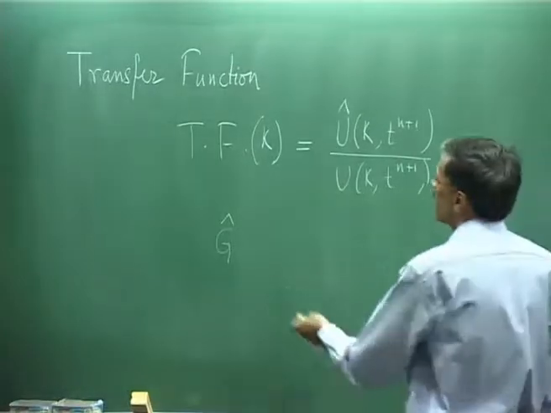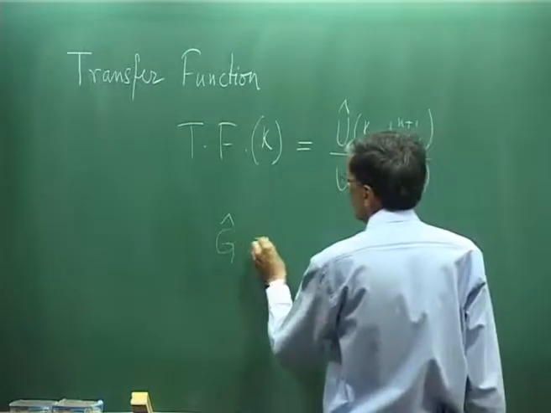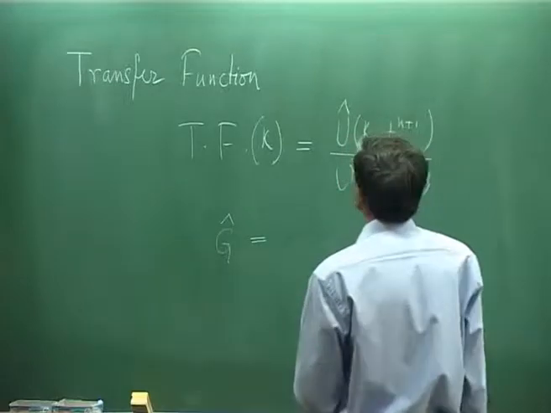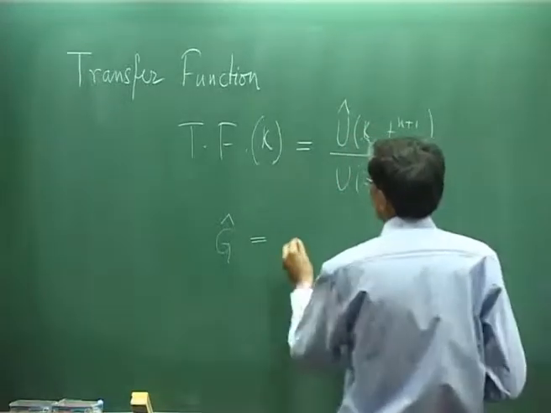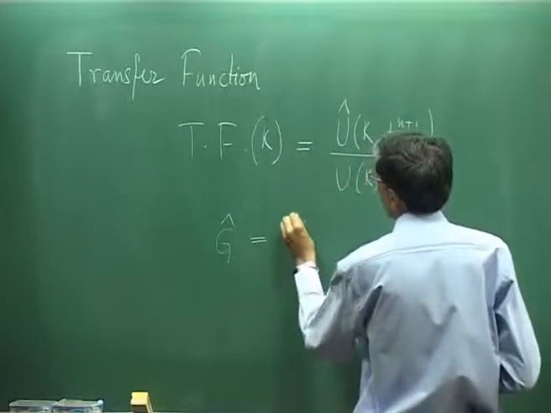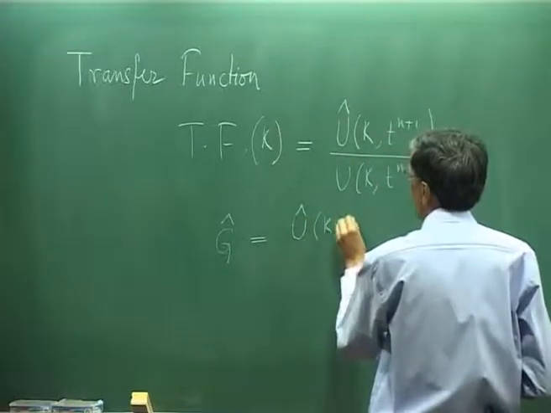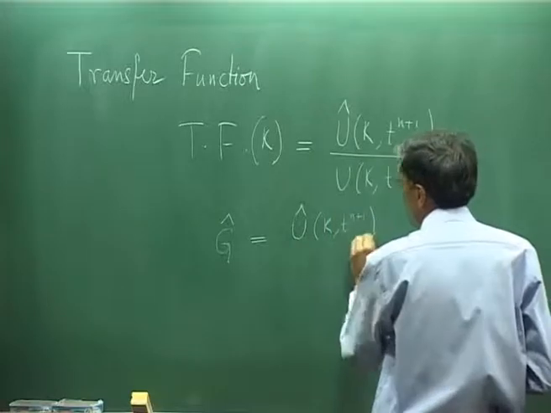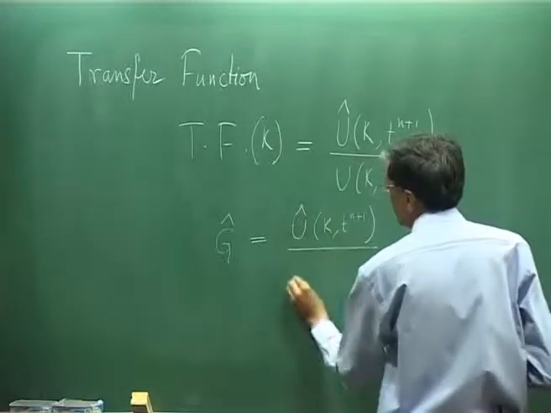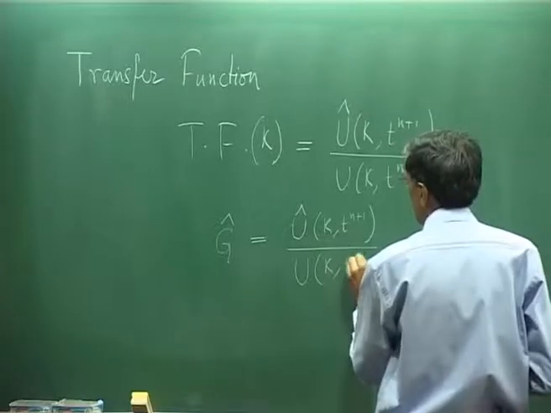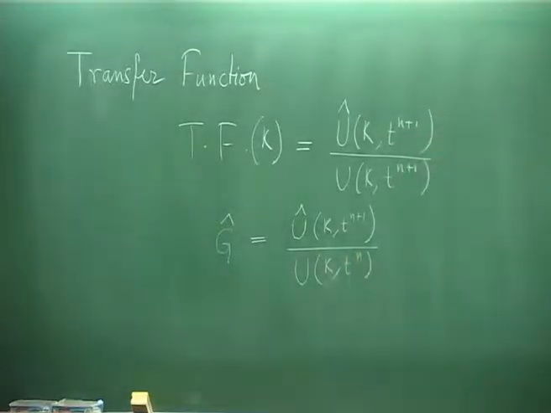We write it like this: the accepted solution at the advanced time level divided by the solution that you had started off with before the integration.